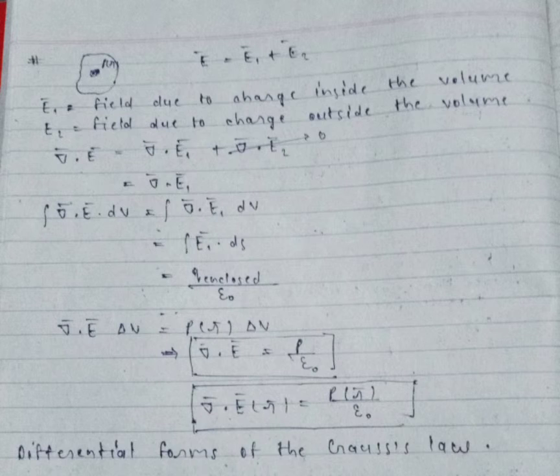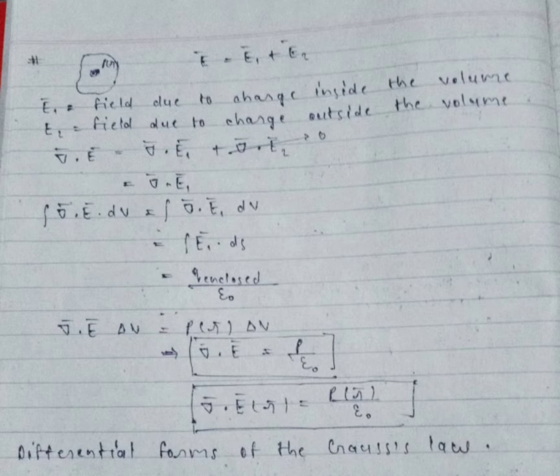And then by whatever we have learnt, divergence of E is going to be equal to divergence of E1 plus divergence of E2. However, divergence of E2 is 0 because E2 is due to charges which are outside this volume. So, this is 0, and therefore, this is divergence of E1.